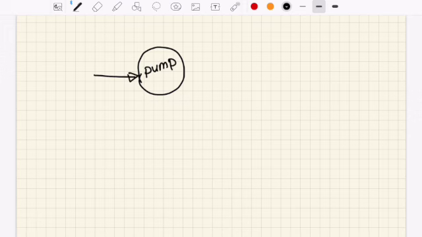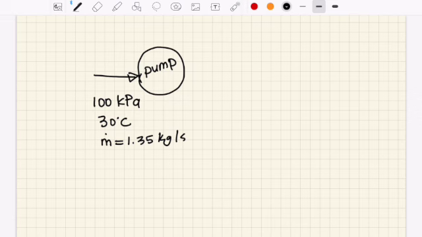At the inlet we have 100 kilopascal of pressure and 30 degrees Celsius. The mass flow rate is 1.35. And at the exit, the pressure increases to 4 megapascal.